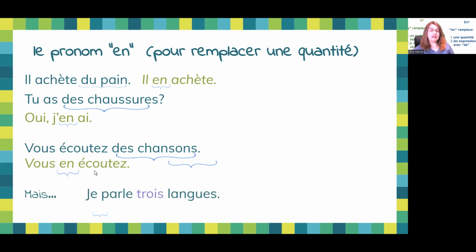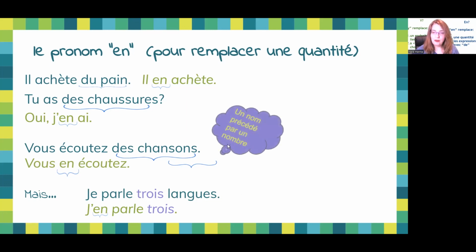Notice in this sentence I have read already, we don't have any expressions of quantity or numbers, so there is no issue. But if we continue, mais, but, je parle 3 langues. So here we have a number. How do we resume the sentence or shorten it? We say j'en parle 3. So we replace langue that is preceded by a number with en, and we leave the number at the end. Here we have un nom précédé par un nombre.